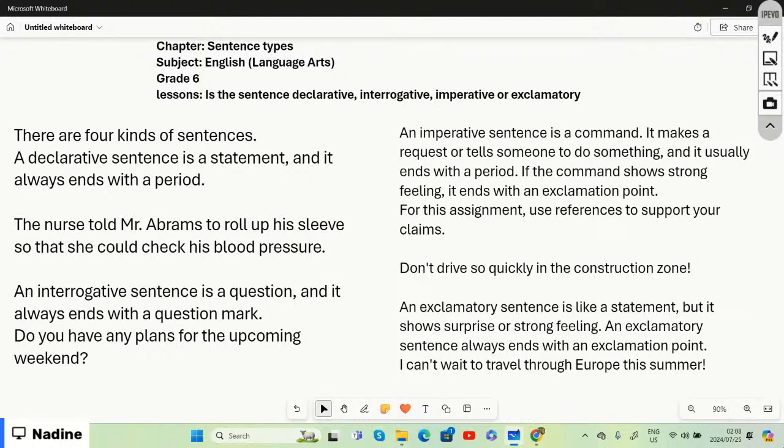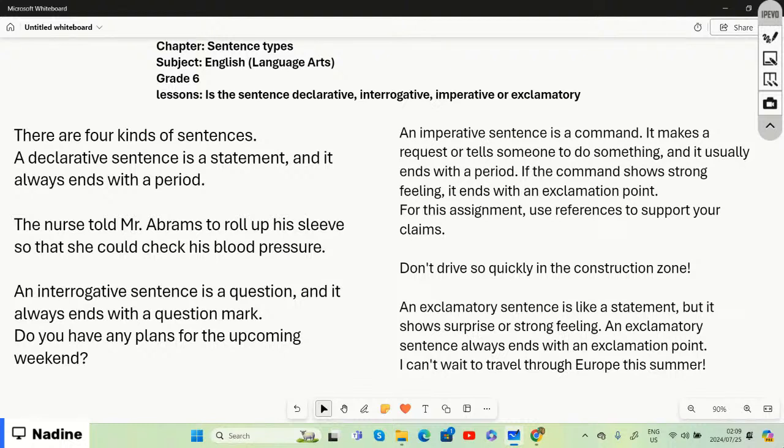It sounds like a command, but if somebody requests of you to do something, we call that an imperative sentence. For example, if you want coffee, you say, please make me coffee with two sugars.